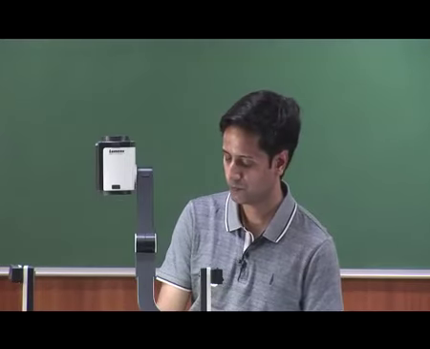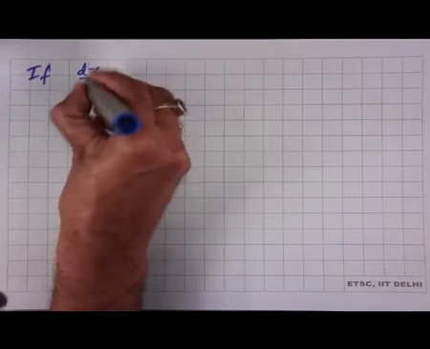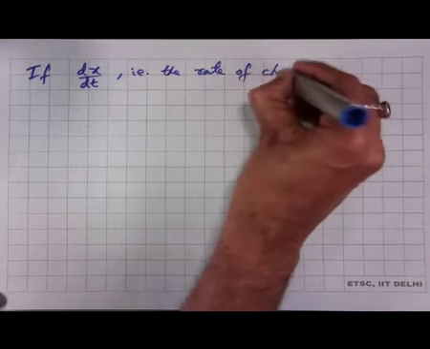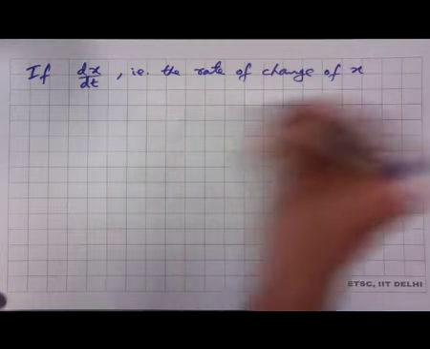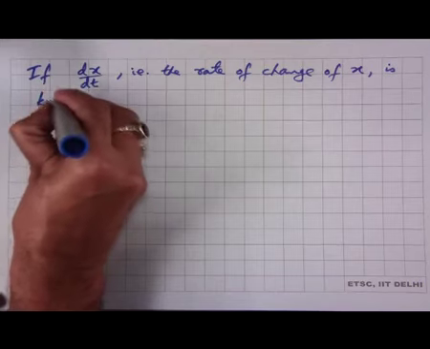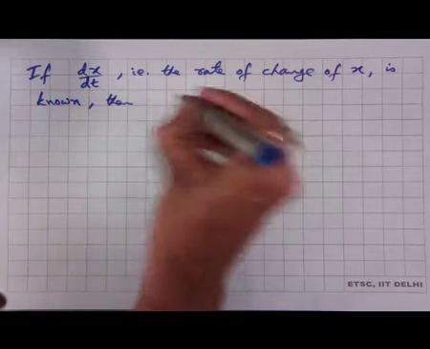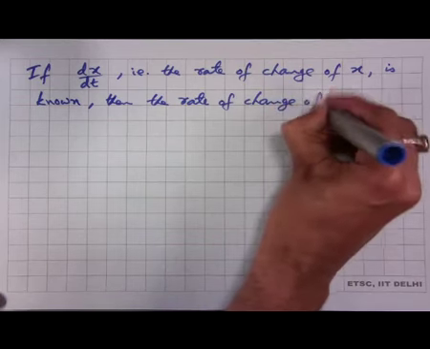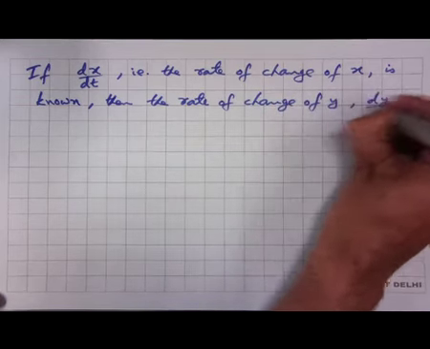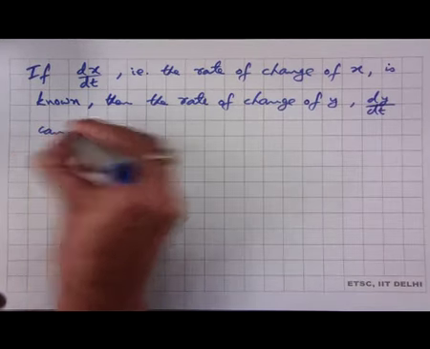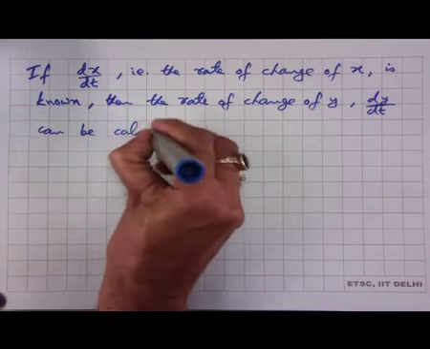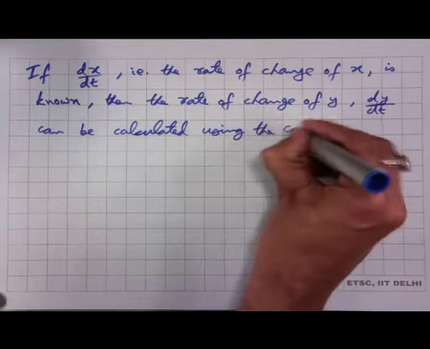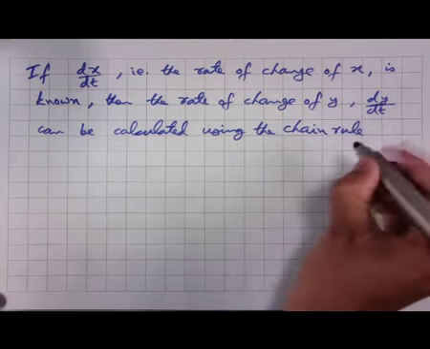So, if dx dt, that is the rate of change of x, is known, then the rate of change of y, dy dt, can be calculated using the chain rule as follows.